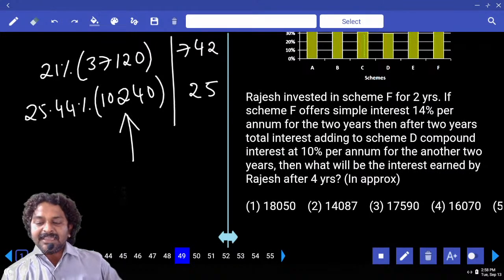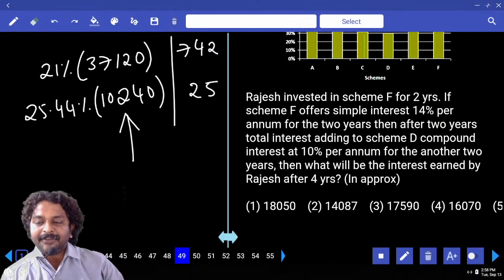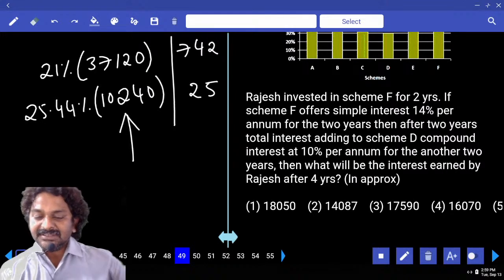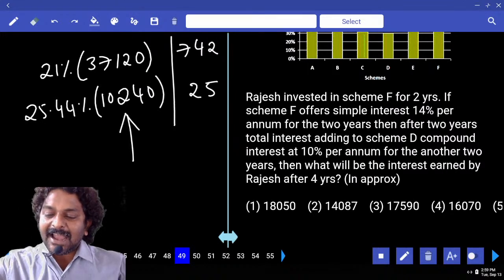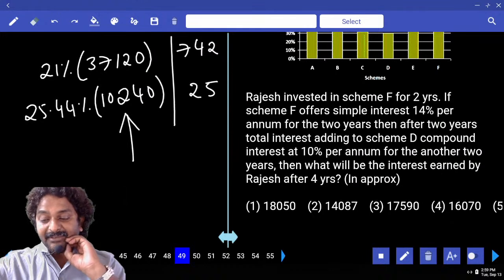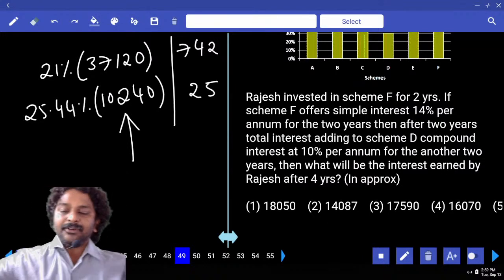Rajesh invested in scheme F for 2 years. If scheme F offers simple interest 14% per annum for the 2 years, then after 2 years, total interest is added to scheme D, compound interest at 10% per annum for another 2 years. Then what will be the interest earned by Rajesh after 4 years?